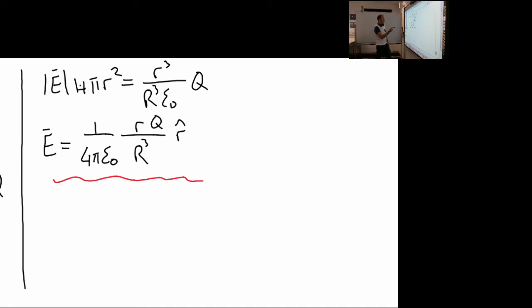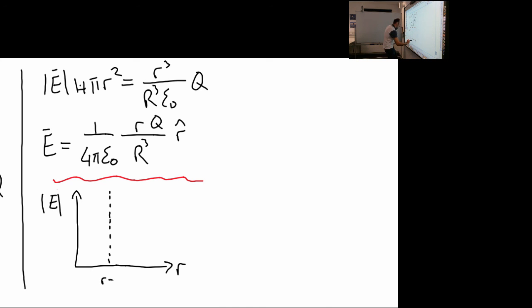Okay, so let's plot this. There's r, so it's a distance away from the center. Here we're going to have the magnitude of our electric field, and what I'm going to put in here is a line where little r is equal to big R. Okay, so big R is the radius of our charged sphere.